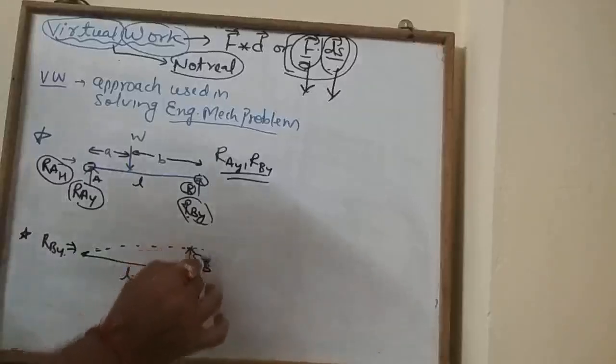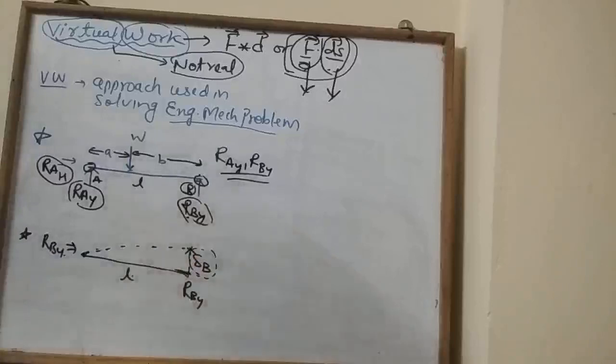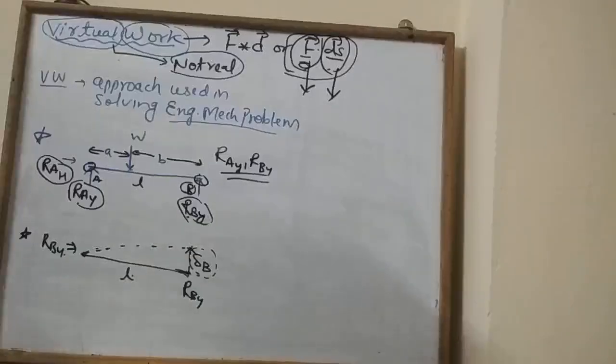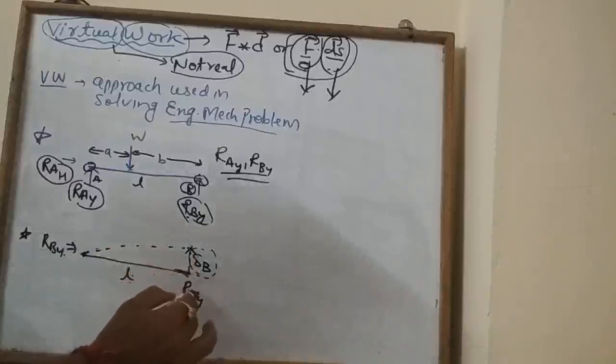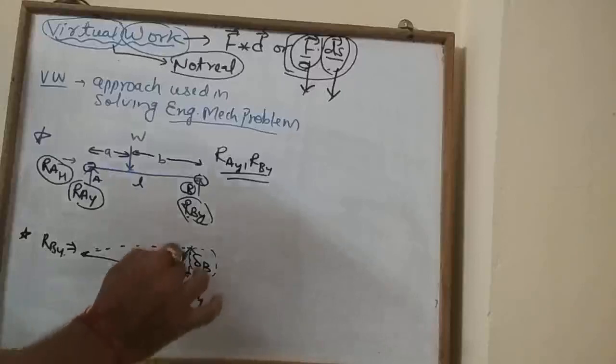This displacement delta B is a virtual displacement. We are assuming the virtual displacement in the direction of RBY.